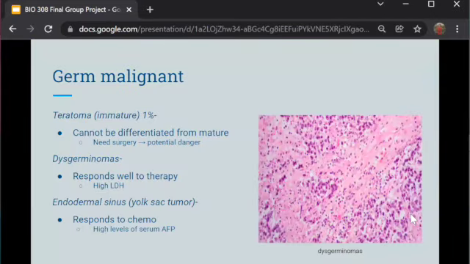Germal tumors, we have teratoma immature, which cannot be differentiated from the mature. The mature is benign.